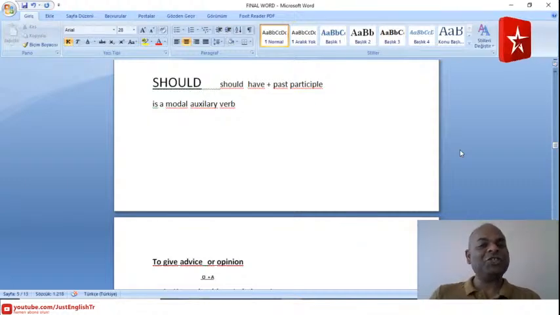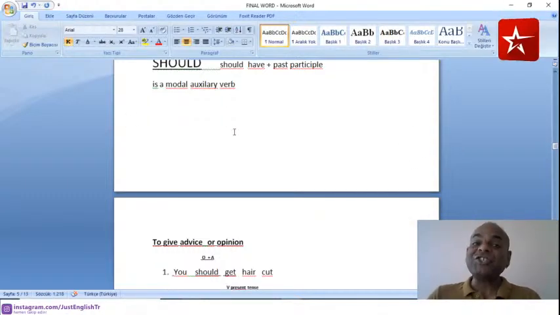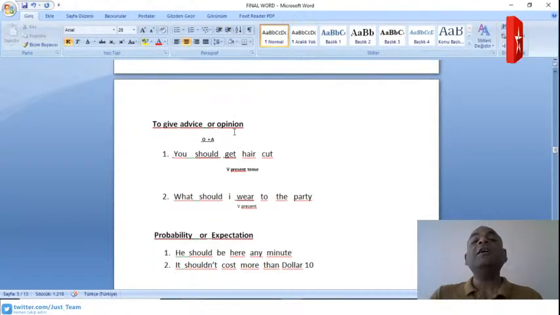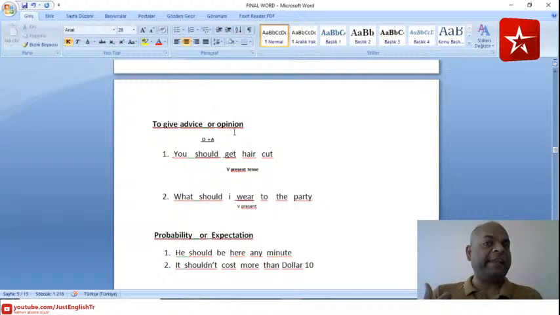Now let's talk about the should modal verb. Remember, should have is always with plus past participle, all right? And remember, it's actually a modal auxiliary verb. Should has three different categories. Most of the time, should is used for advice or an opinion.